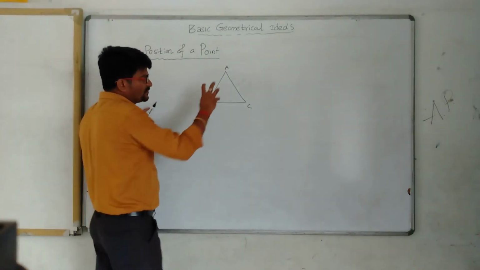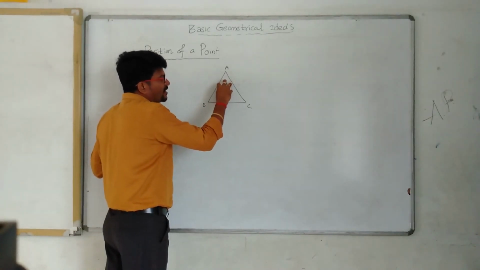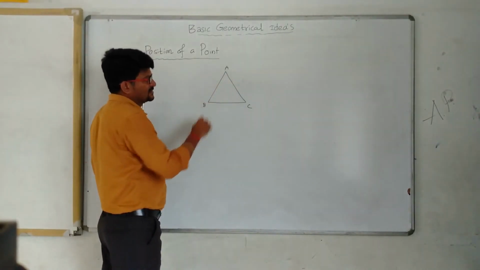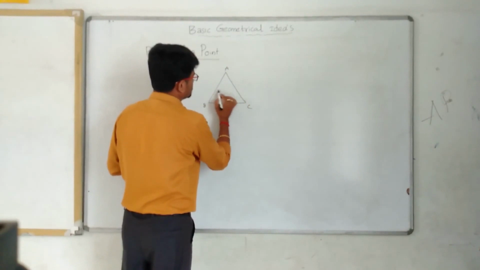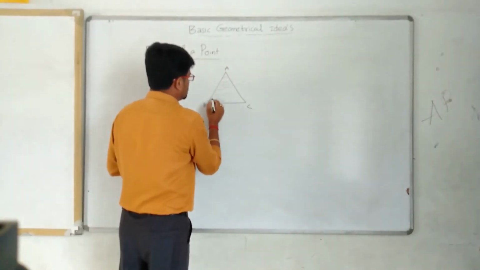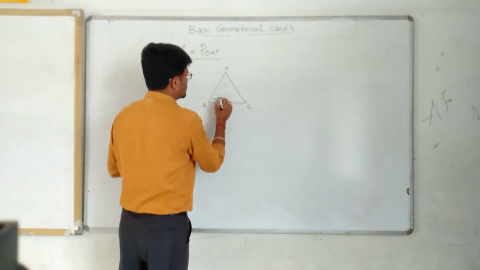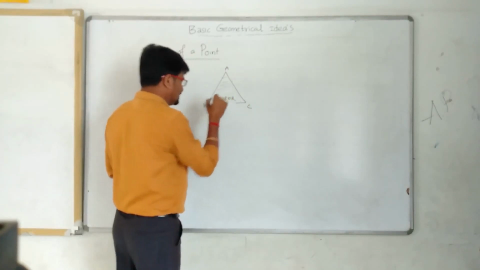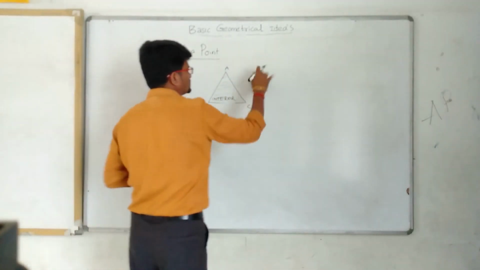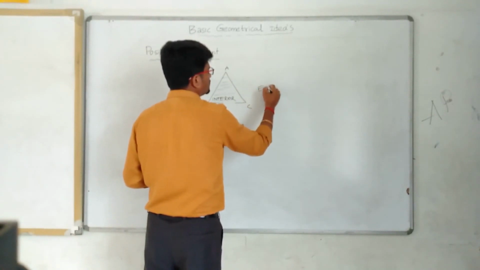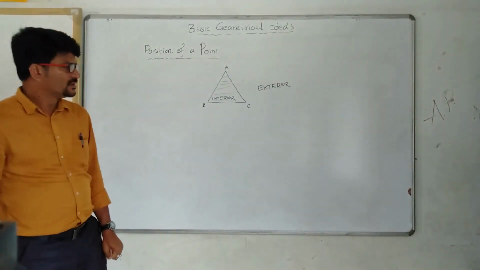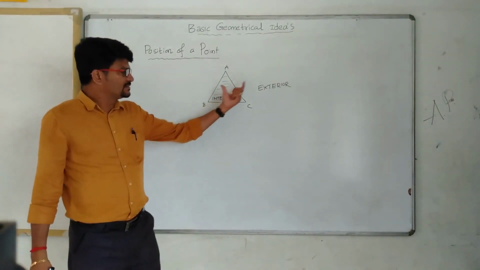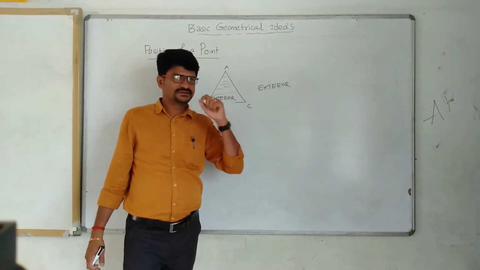The part which is interior of all the sides of the polygon is called the interior region, and this is the exterior. This is interior, and all this is exterior. This is the interior region and this is the exterior region.